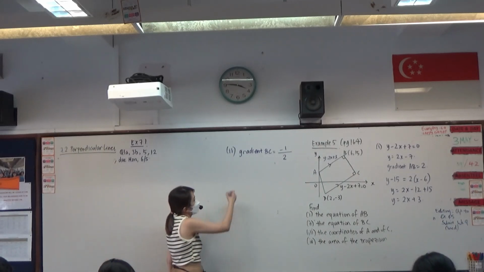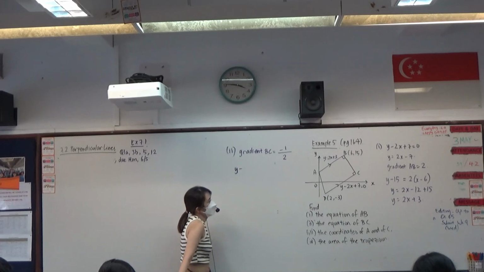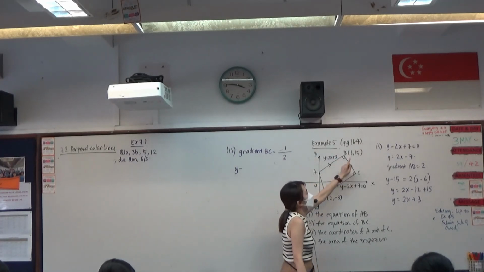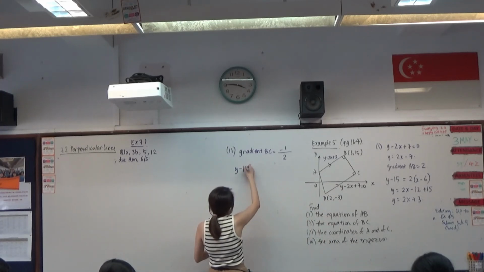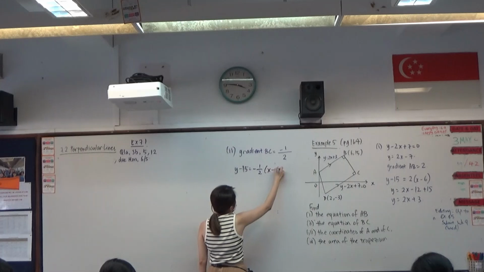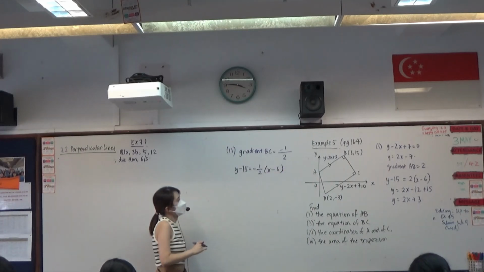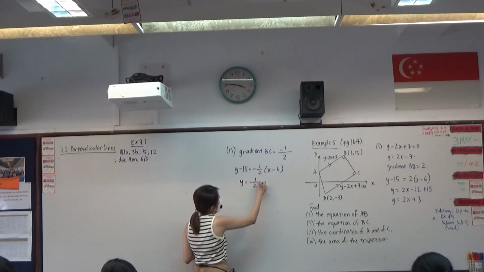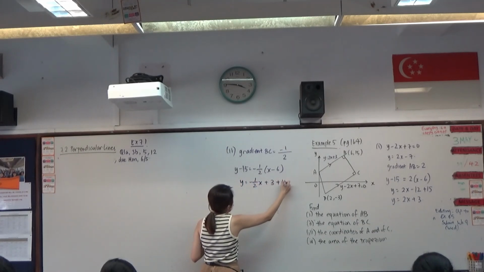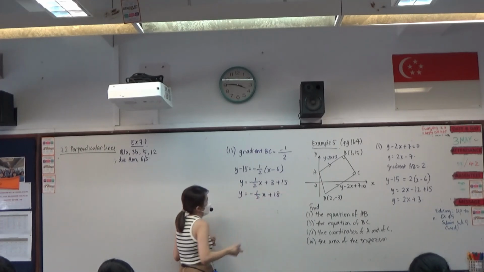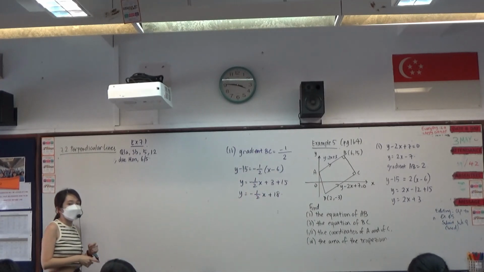So the equation of the line BC, since I also already know the point on BC to be 6, 15, I will be able to form my equation this way. And I'll have y equals negative 1/2 x plus 18.